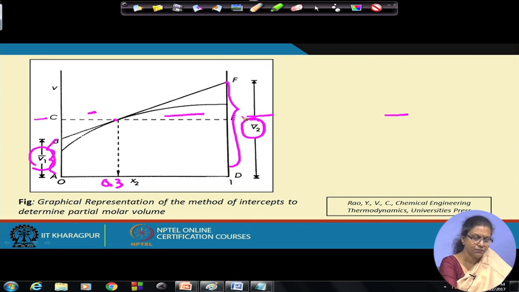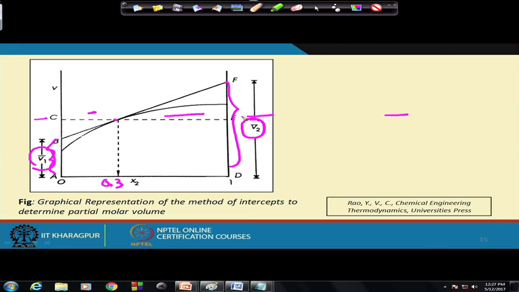So, this is one experimental way of finding out the partial molar volume of any of the components. And again I would like to remind, suppose you are finding just the partial molar volume of any particular component, the other component can be found out from the Gibbs-Duhem equation.